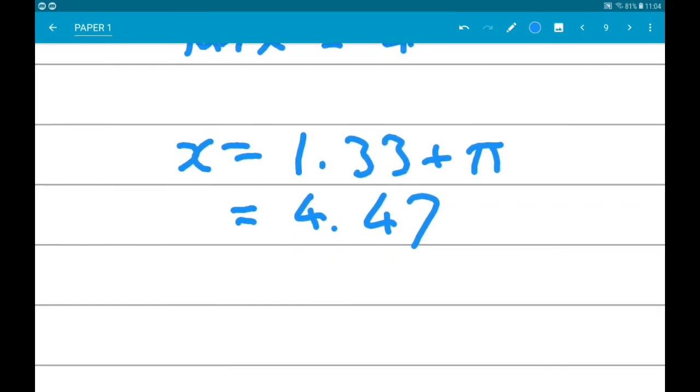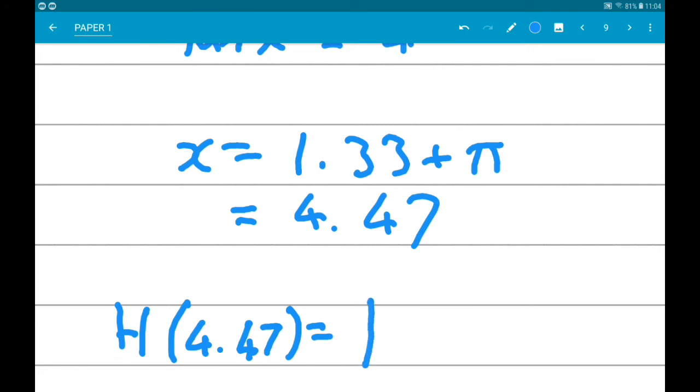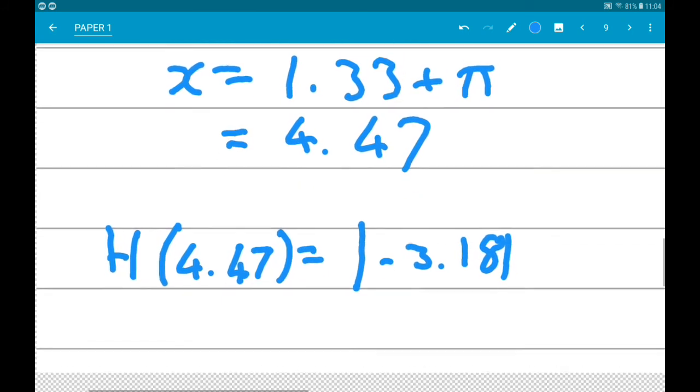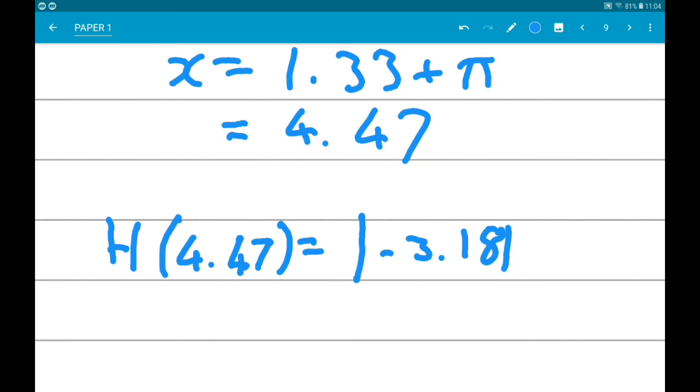So h of 4.47 gives us the modulus of minus 3.18. So our answer is 3.18 meters.